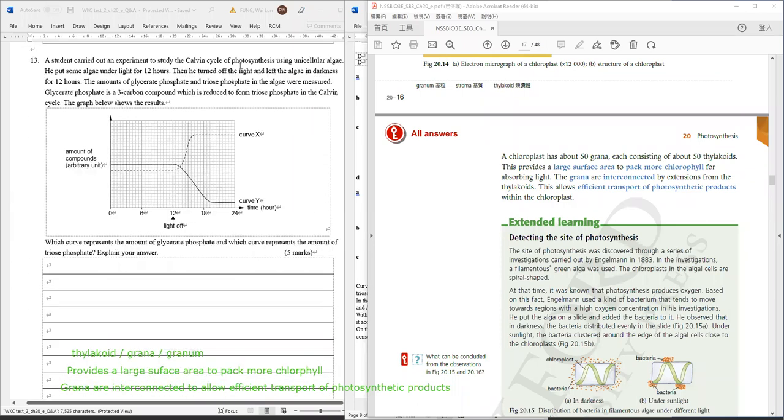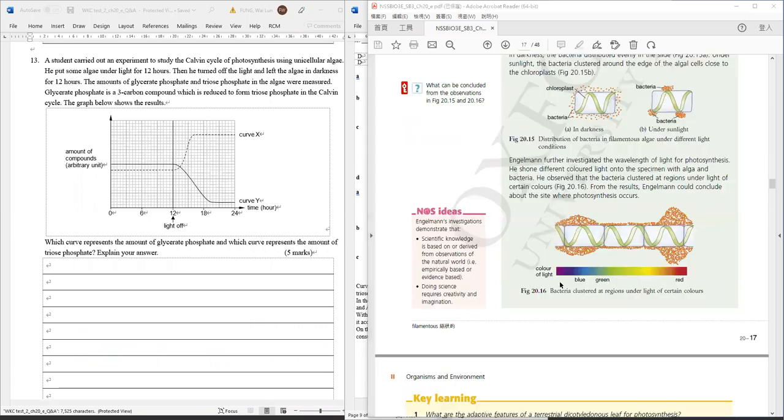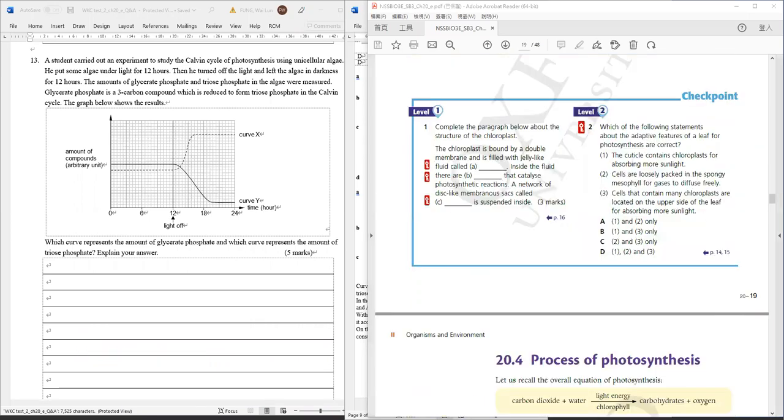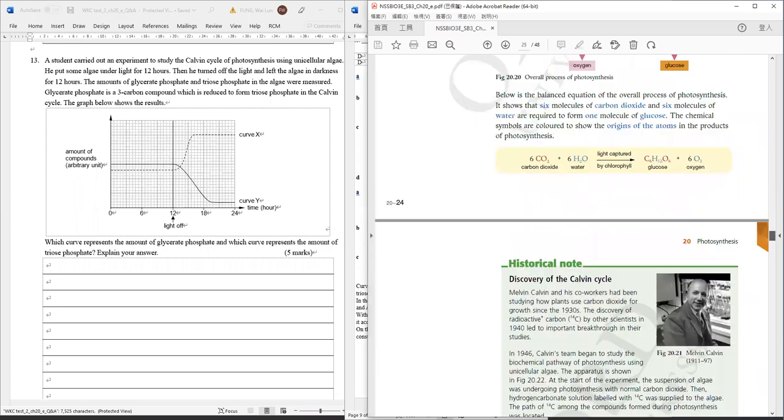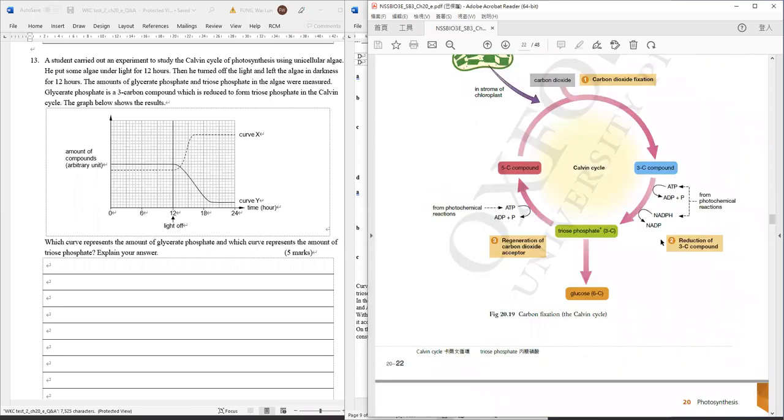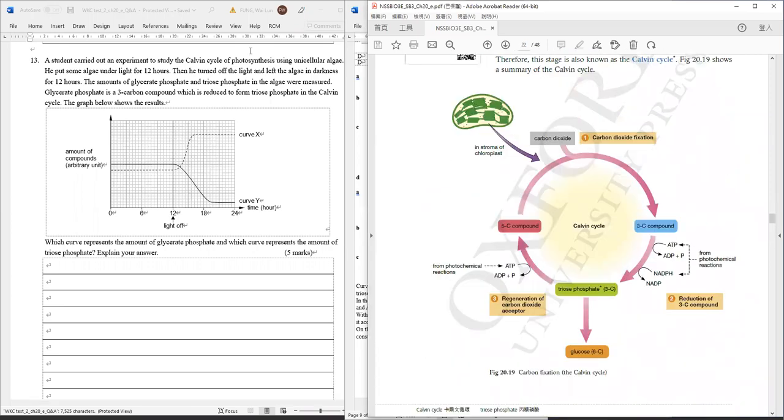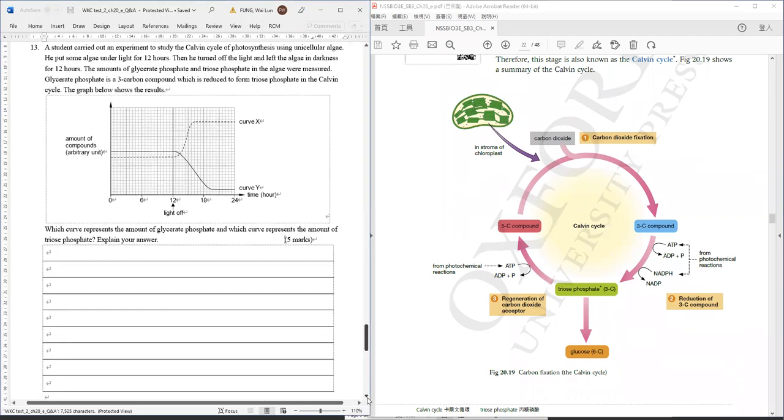So, last question of the test. I hope you can refer to the Calvin cycle, that is page 22.